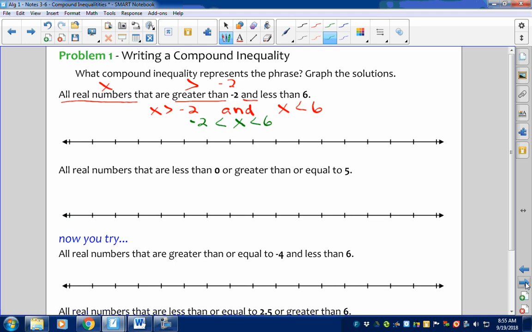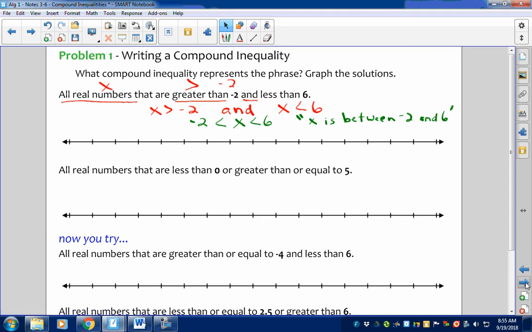This says x is between negative 2 and 6. So you can write a compound inequality as 2 separate statements with an and, or in the and case, you can join them together as one with the variable in the middle. Notice that both inequalities are pointing the same direction. You shouldn't have them pointing opposite directions in this and case, okay?